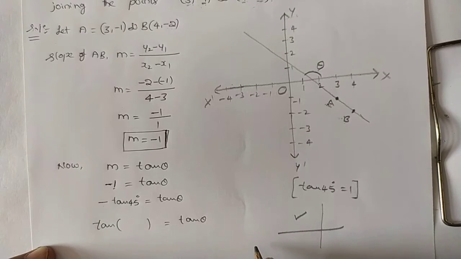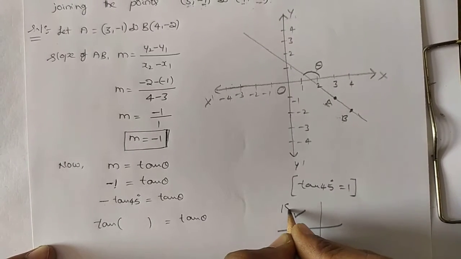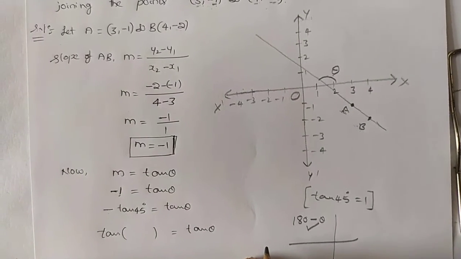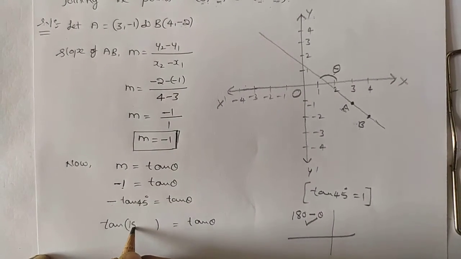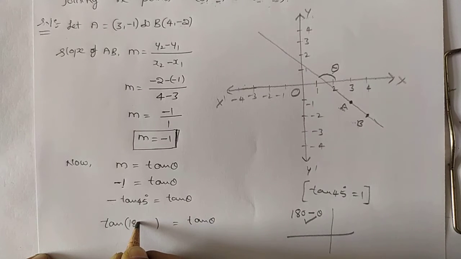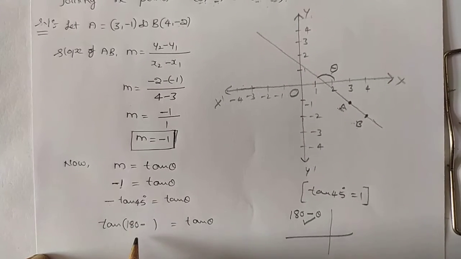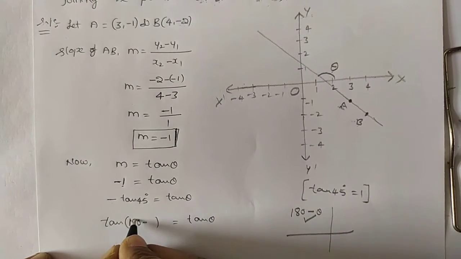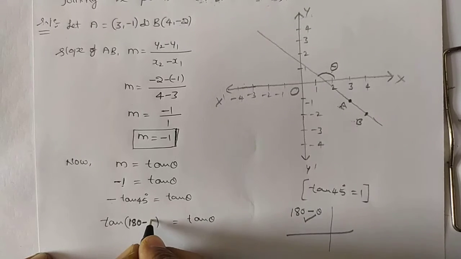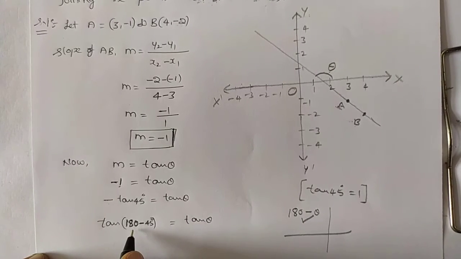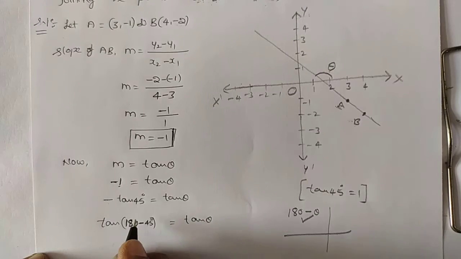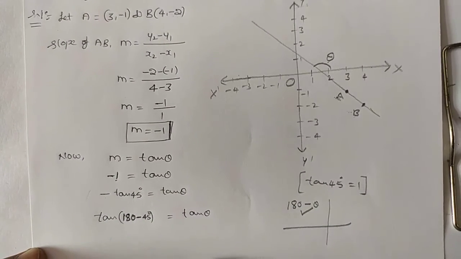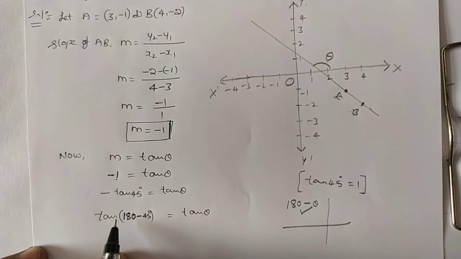In the second quadrant it is negative. In the second quadrant we take 180 minus theta. So 180 minus 45 degrees. If we simplify this, tan of 180 minus 45 degrees, we will get minus 1 only. We are just adjusting minus 1 in terms of tan, that's it.